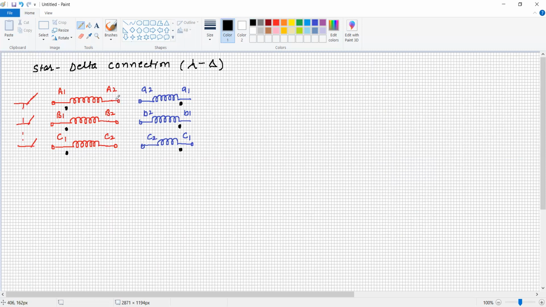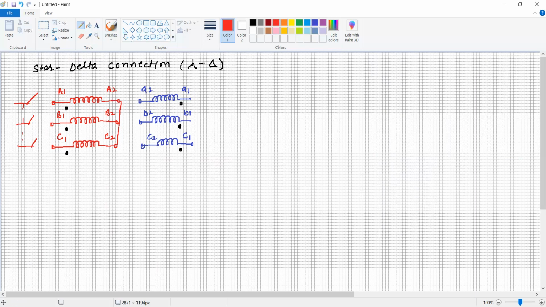It means the A1, A2 is going to coincide with A2, B1 under the three open circuit voltages. Okay. Now the primary winding is connected in star. So the similar terminals, of the similar notations, are connected in a star.